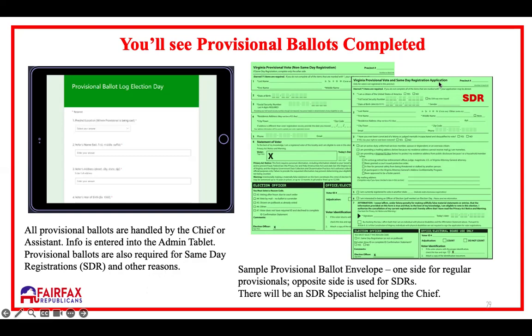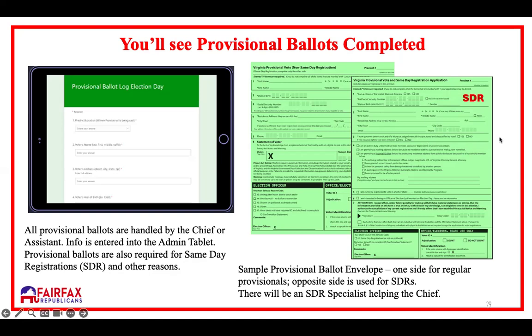That is, voters who are not registered to vote but go into their home precinct on election day and want to register and vote in the same day, they can do that. But both ballots for both situations are provisional, and again, that means they're going to be reviewed by the electoral board.